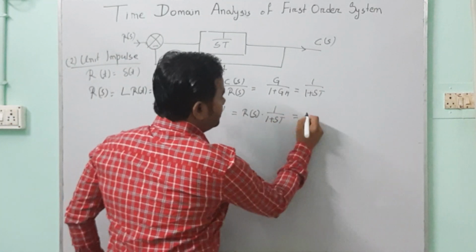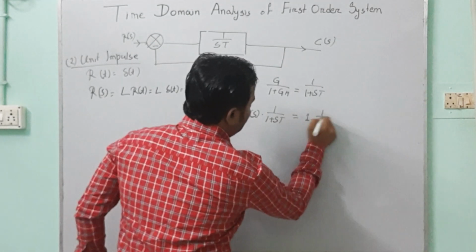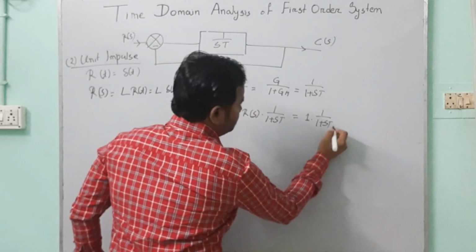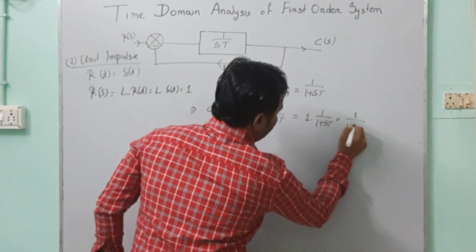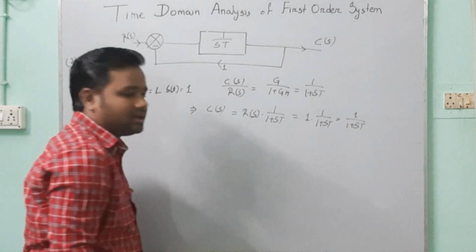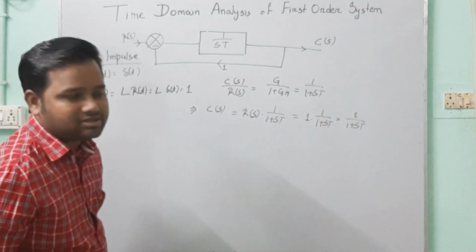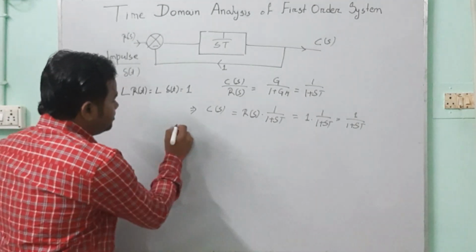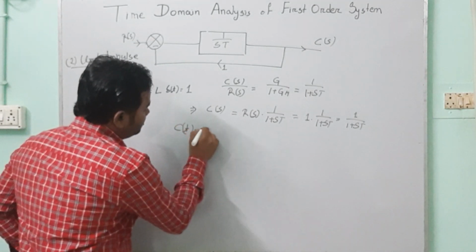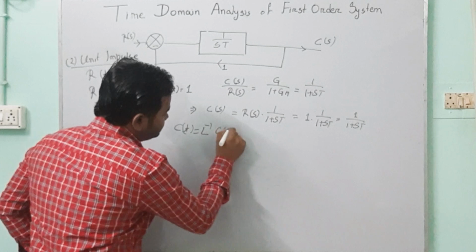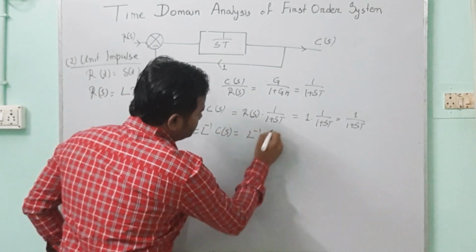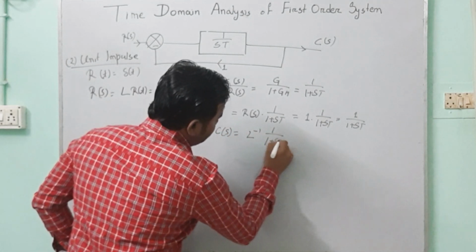So C of S is equal to 1 into 1 by 1 plus ST, which is equal to 1 by 1 plus ST. Now we have to find the inverse Laplace of C of S. C of T is equal to the Laplace inverse of C of S, which is equal to the Laplace inverse of 1 by 1 plus ST.